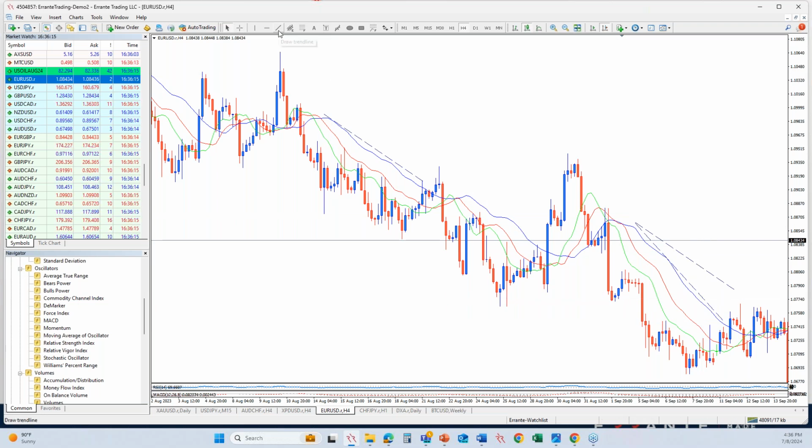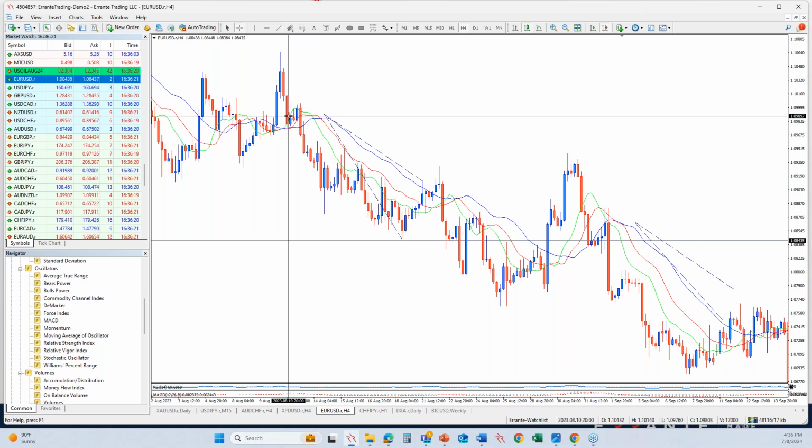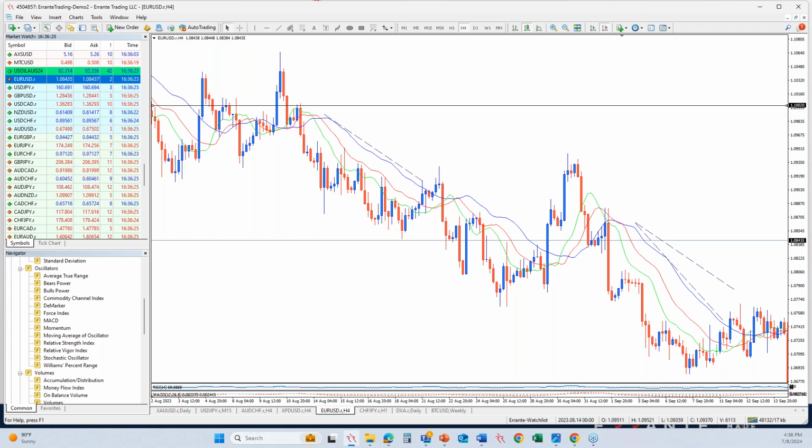And if we also measure the price movement from this point to this point, it is something like 155 pips.